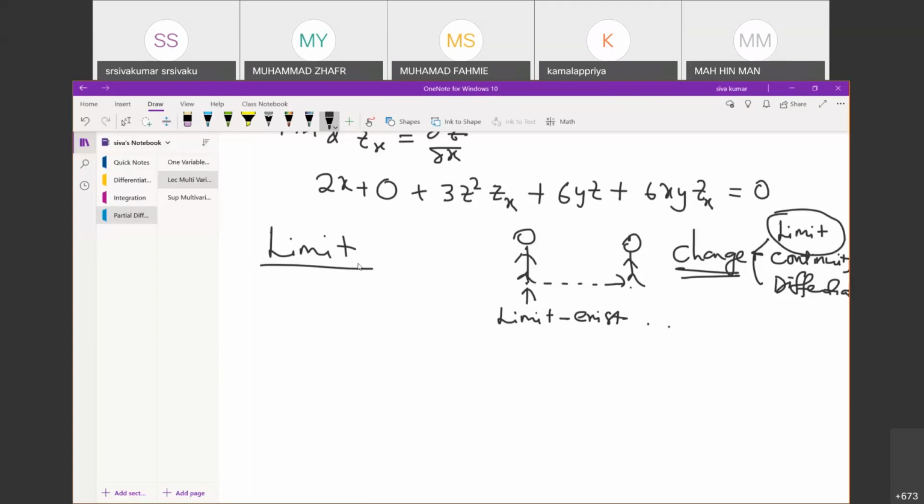Why are we using limit to make sure that an object exists? That is another question. Here we are going to use three concepts, three ways, to analyze this existence, whether the object exists or not.